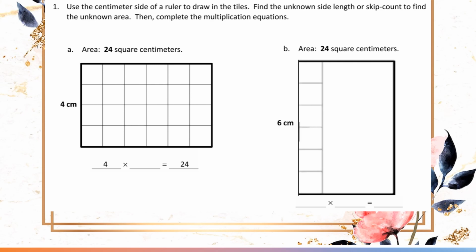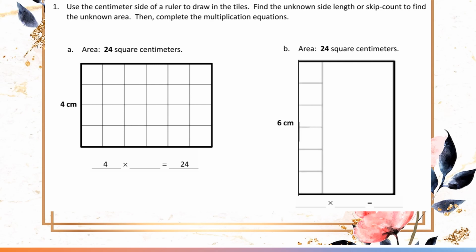Letter A says that the area of this rectangle is 24 square centimeters. So you already know the answer to the equation. The great thing about it is you know the measurement of one side. The length is 4.